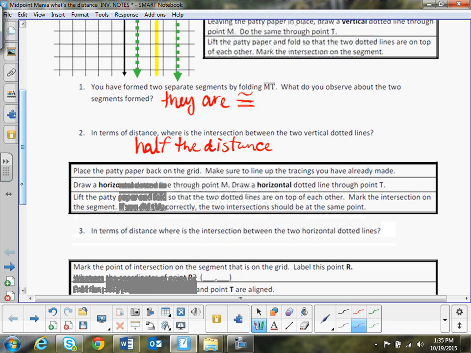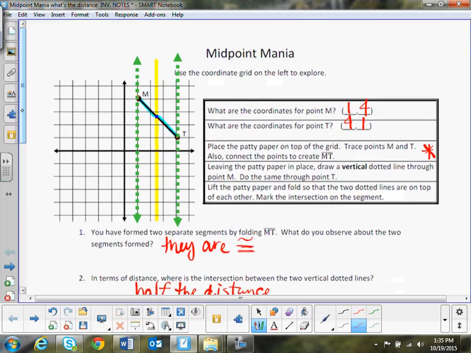Okay, get that tracing paper again. Place it back on the grid. Make sure to line up your vertical tracings again. Now this time, draw a horizontal dotted line through point M and draw a horizontal dotted line through point T. Okay, so let's go horizontal now.